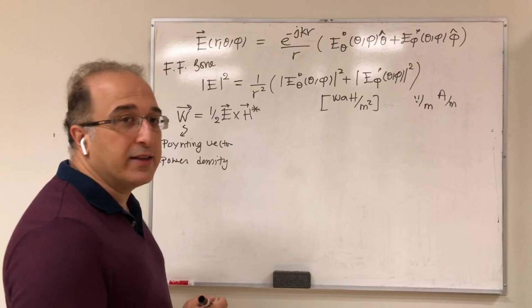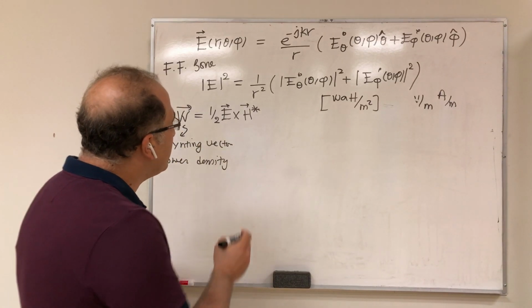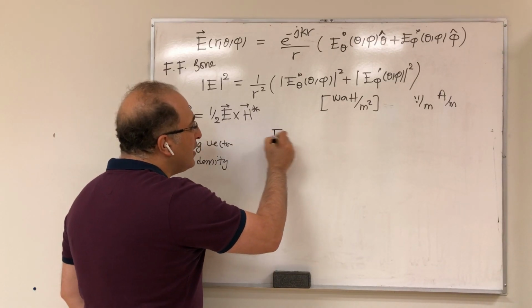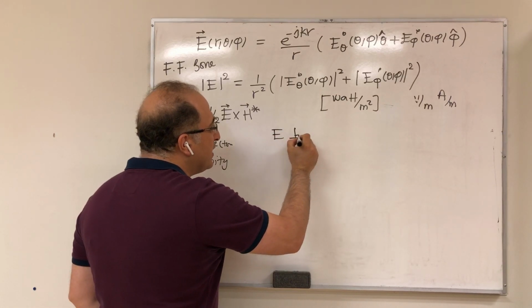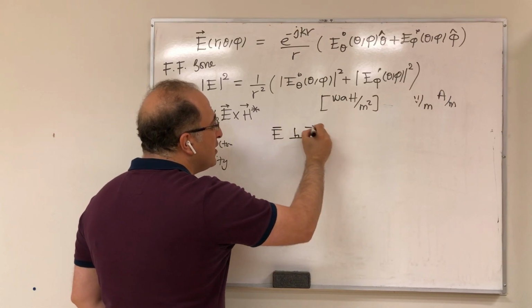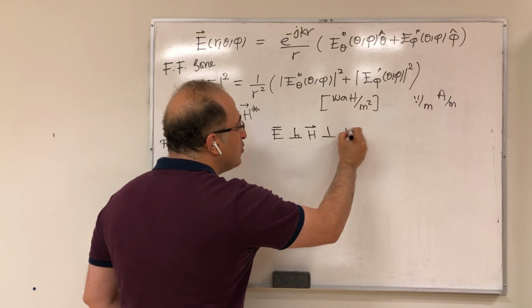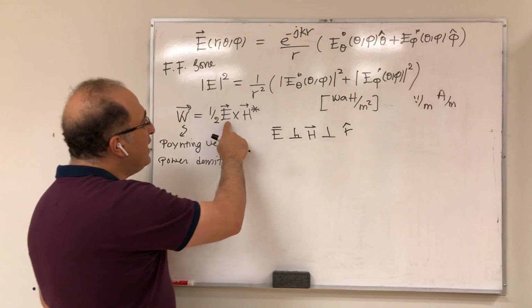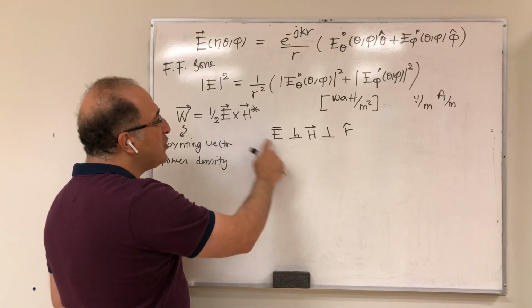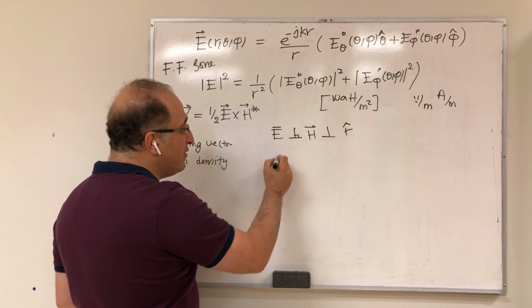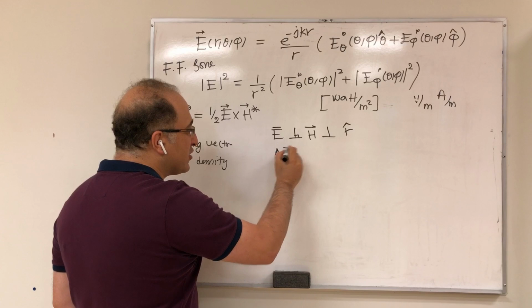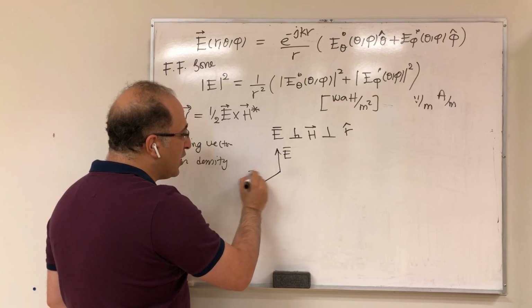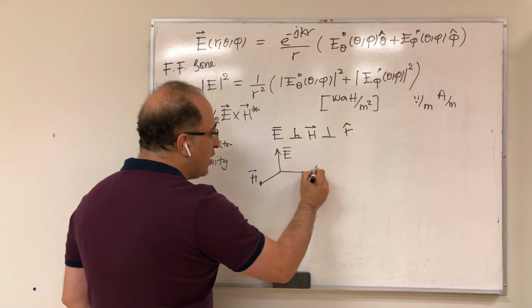If I'm talking about far field, I can simplify this, because remember, in the far field, E is perpendicular to H, and they're perpendicular to R hat. So remember, E and H essentially form a plane wave, as we discussed in the previous lecture. That was our E, that was our H, and that was our R hat.